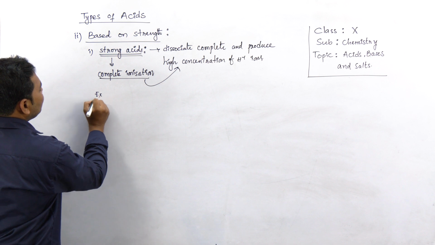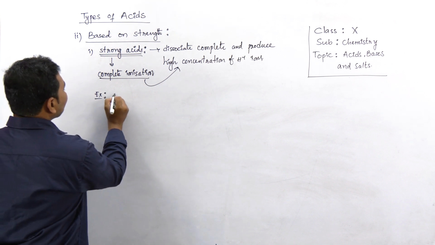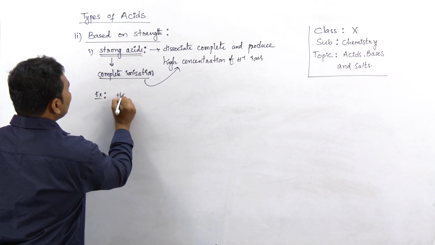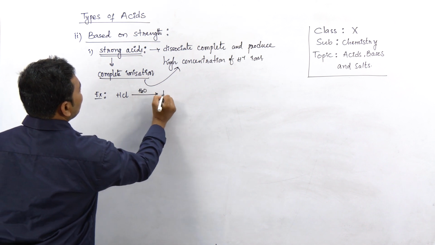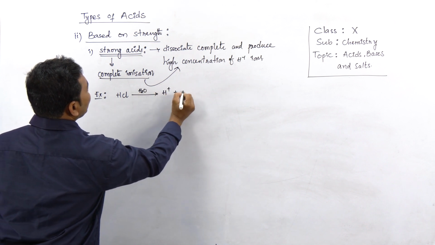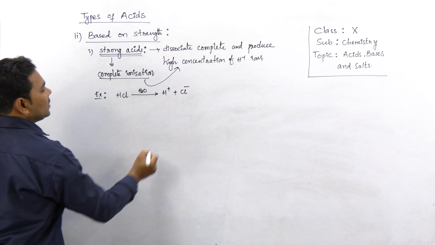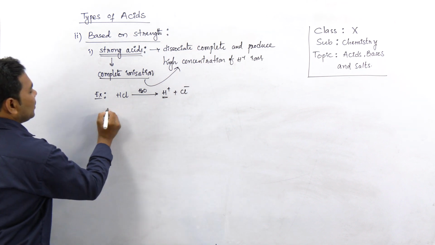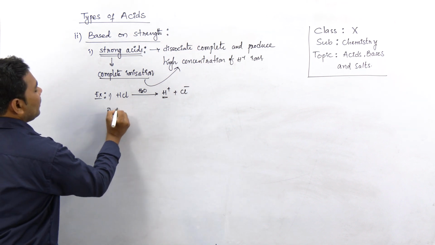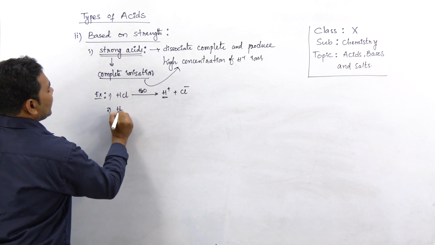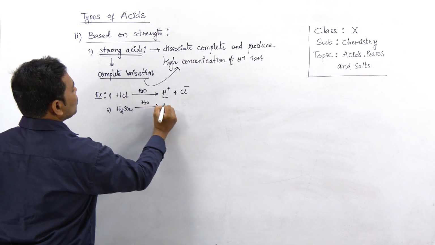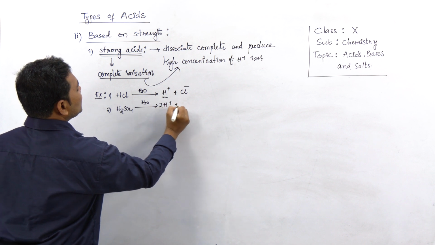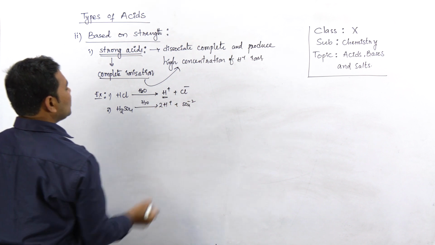For example, number 1, HCl in water solution undergoes complete ionization and produces a high concentration of H+ ions. Number 2, I take a H2SO4 solution. This H2SO4 solution also produces H+ ions and SO4 2- ions.